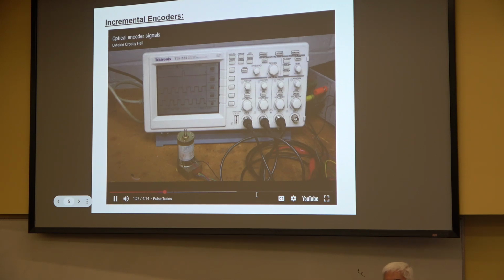And what I want you to notice about these is they don't line up. So if I look at, say, this edge and this edge, they're off by exactly 1/4 of a pulse cycle. That's called quadrature. And what we can do with that is determine the rotation direction of the shaft.